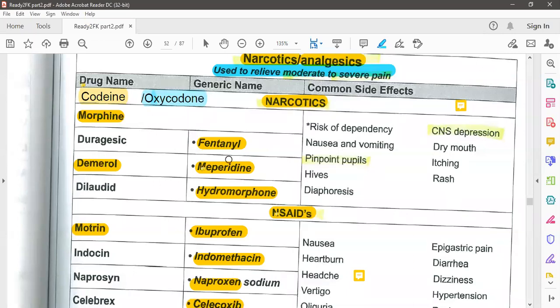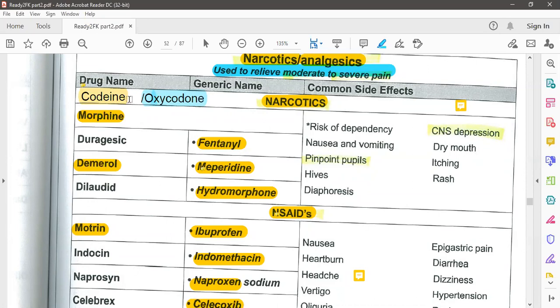The narcotics here we also call opioids. Narcotics basically promote sedation. They are agonists. They are analgesic as well, pain reducers.